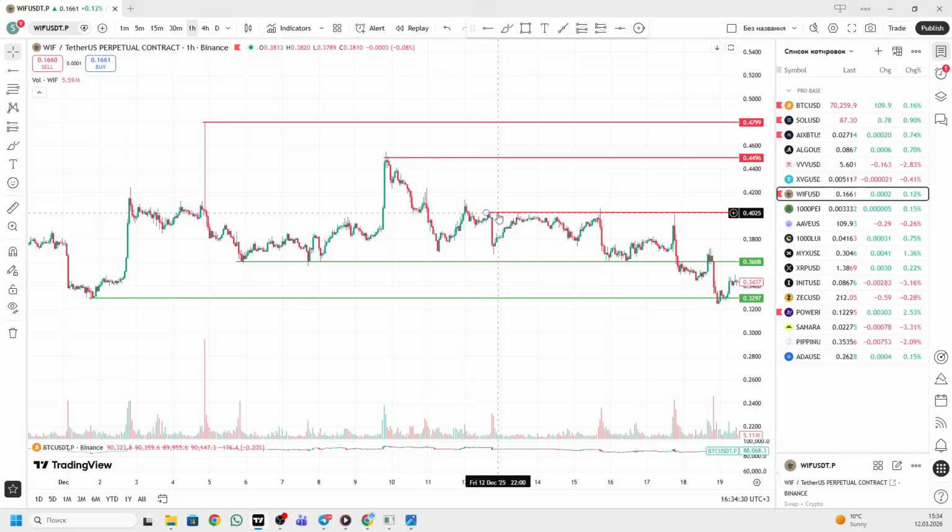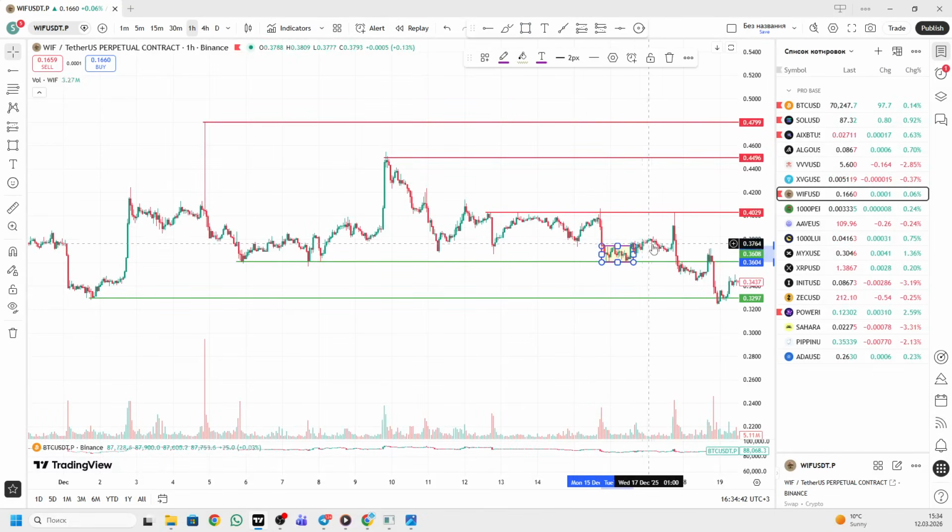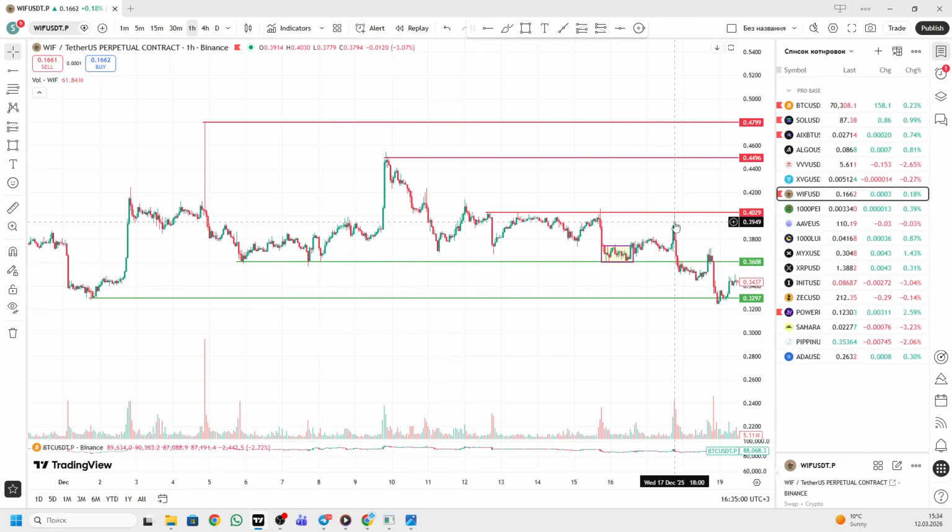What is consolidation? When the price keeps hitting the same level repeatedly, we have consolidation here as well. You see? Let me mark it. Here we have also consolidation. The price keeps testing the level. This is what we call trading activity around the level, or simply consolidation.